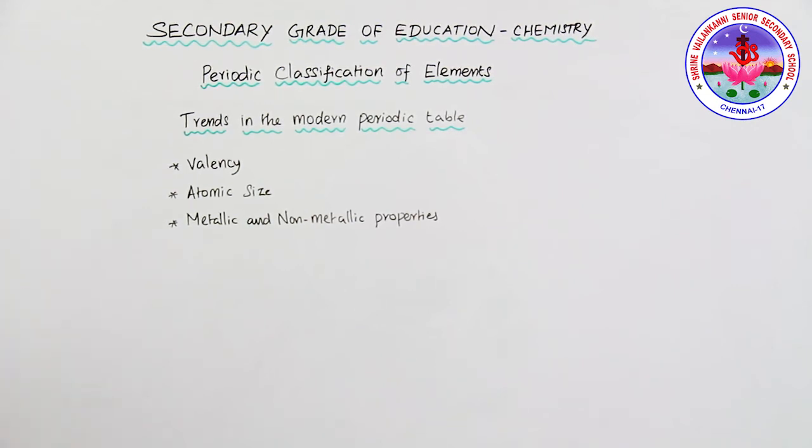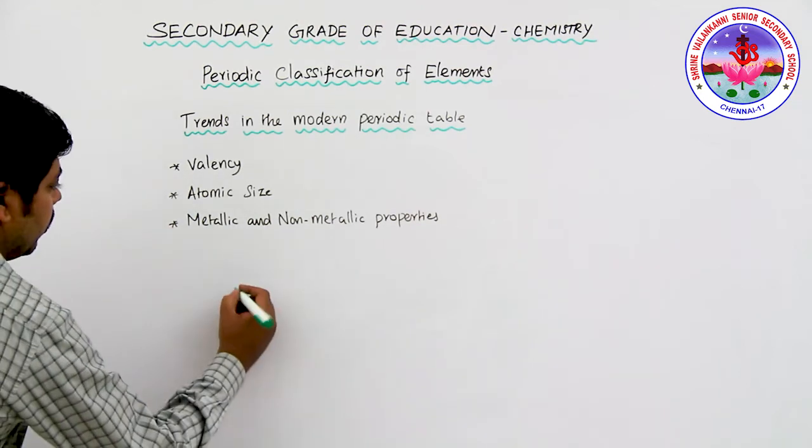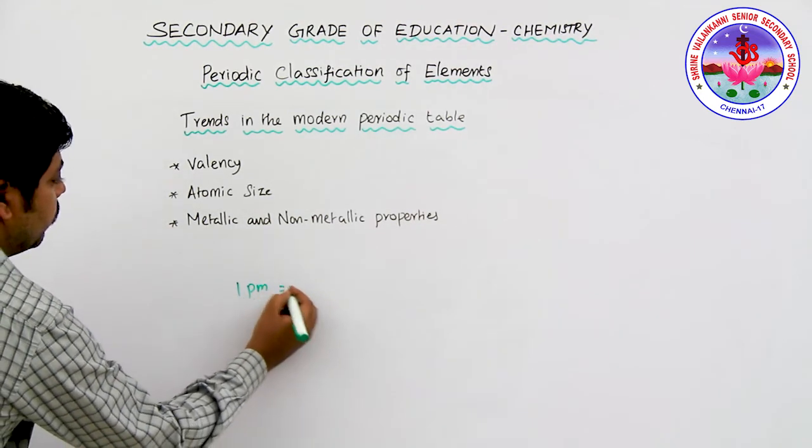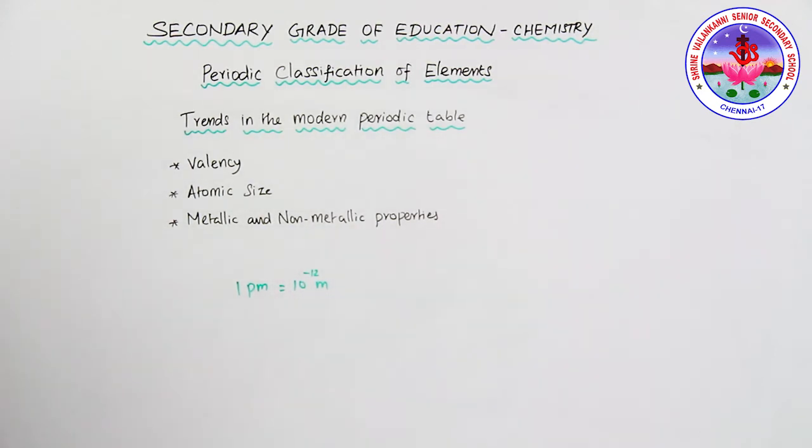The hydrogen atom has 37 picometers. 1 picometer is equal to 10 power minus 12 meter. So this is the conversion to meter.